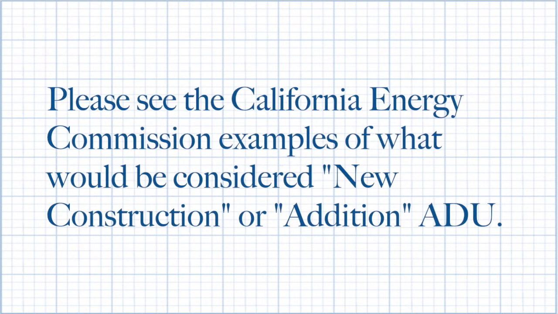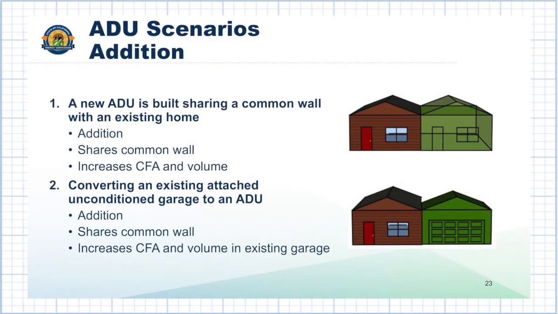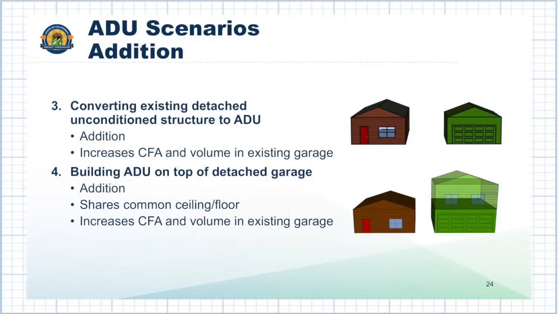Please see the California Energy Commission examples of what would be considered new construction or addition ADU. An addition ADU would be a new ADU sharing a common wall with the existing home, converting an existing attached unconditioned garage to an ADU, converting an existing detached unconditioned structure to an ADU, or building an ADU on top of a detached garage.